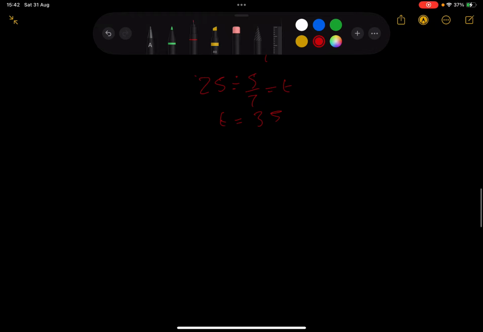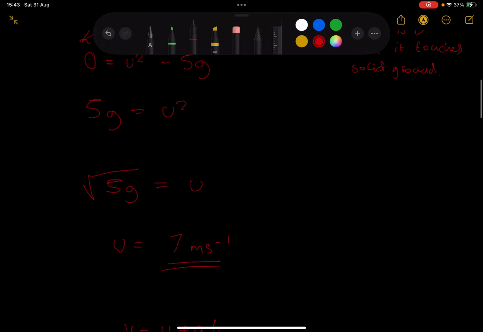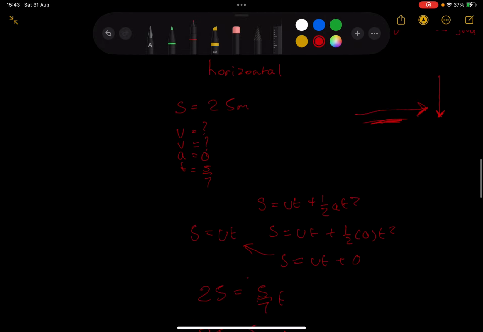And we can work out the speed. Now that we have u vertical and u horizontal, since we worked out u vertical as 7.